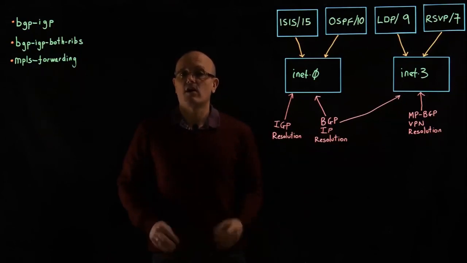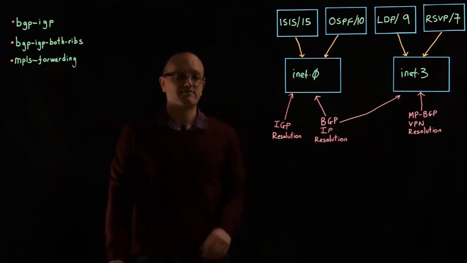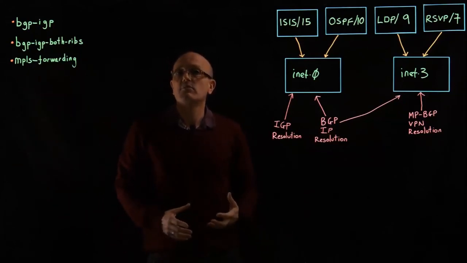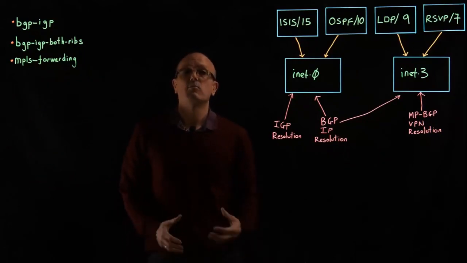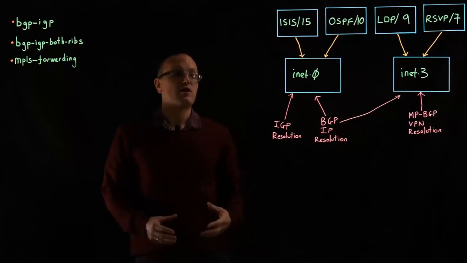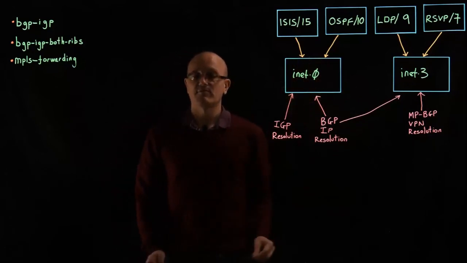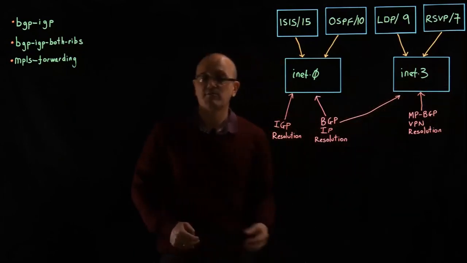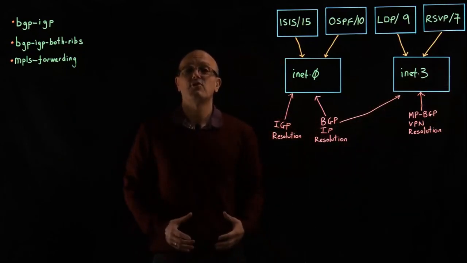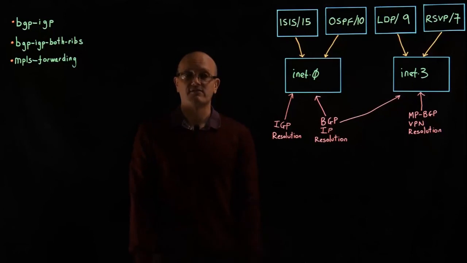And there is a final option called mpls-forwarding. This is quite a complicated option, and it's seldom used in live networks. Essentially, we're nominating the inet.0 table for routing, and we're nominating the inet.3 table for forwarding. And this was an overview of routing table integration with MPLS on Juniper devices.